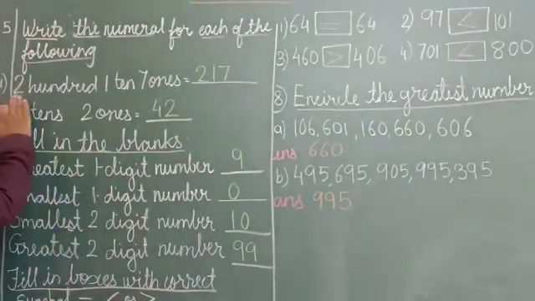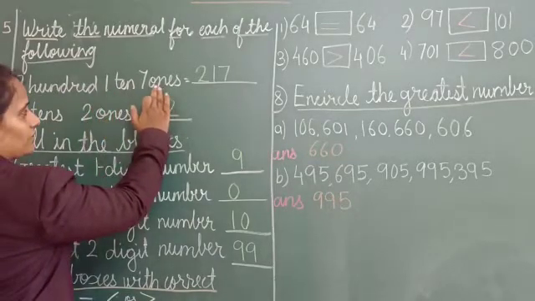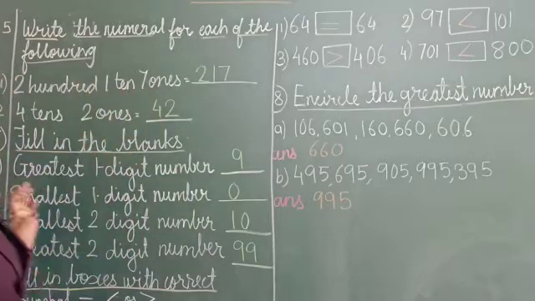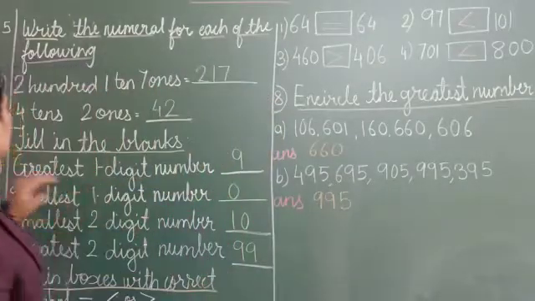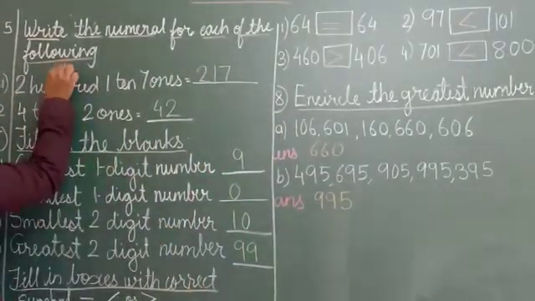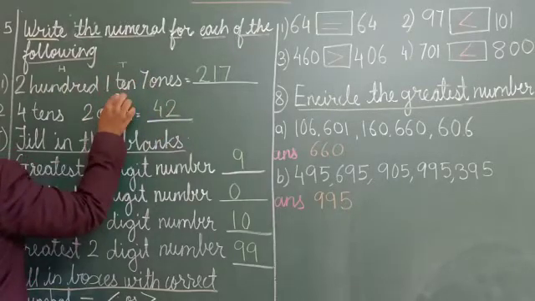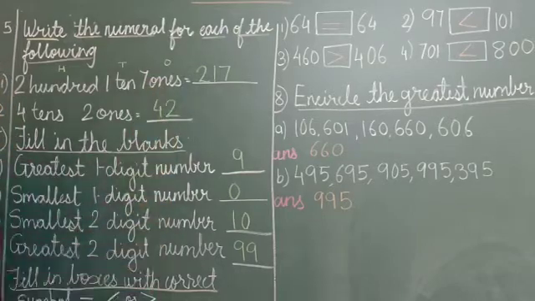So how will you write 2 hundreds, 1 tens and 7 ones? As I have told you, make the habit of writing hundreds, tens, ones. So at the hundreds place what do we have? 2. At the tens place we have 1 and at the ones place we have 7.